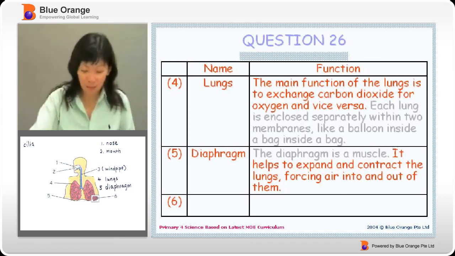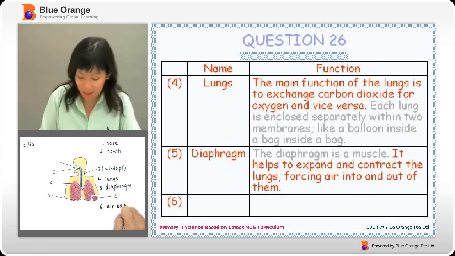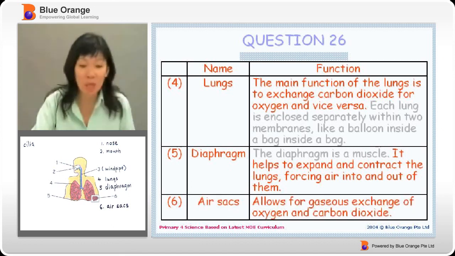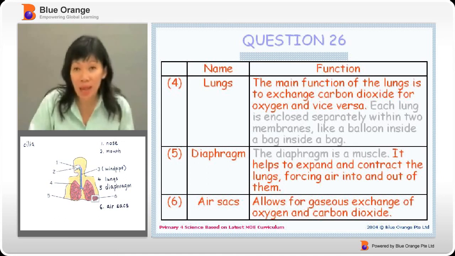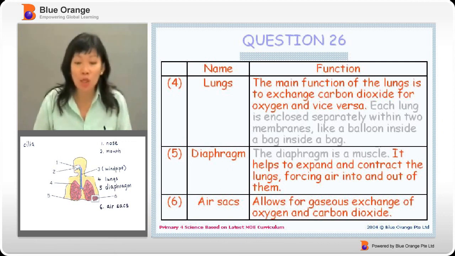So let's move on to number 6. Well, what are all these tiny things here? This would be the air sacs. Number 6 would be the air sacs. What's the function of the air sac? Well, actually it is in the air sacs, which cover the whole surface of the lung, that oxygen and carbon dioxide are exchanged.